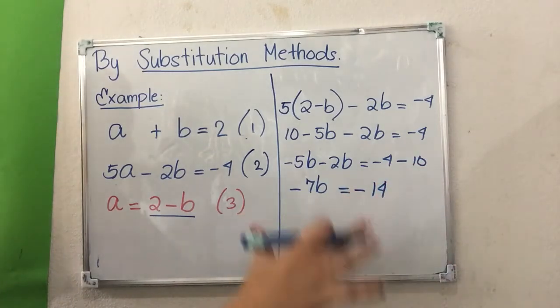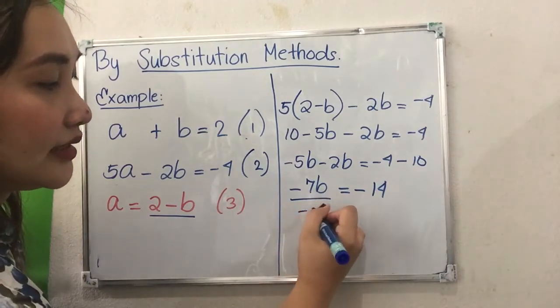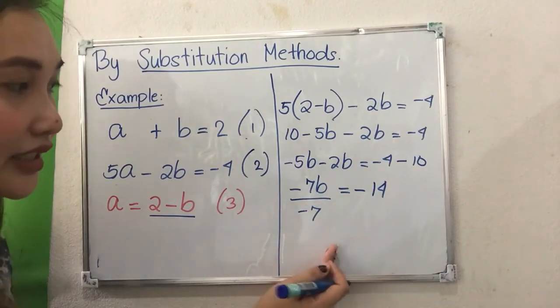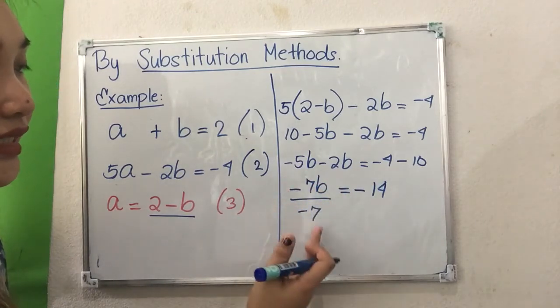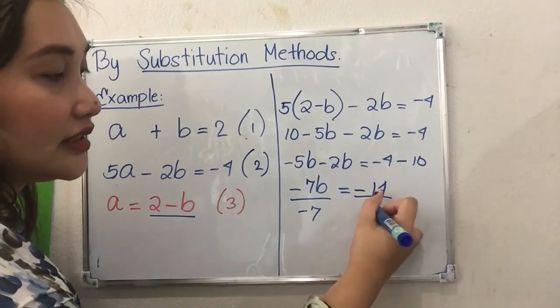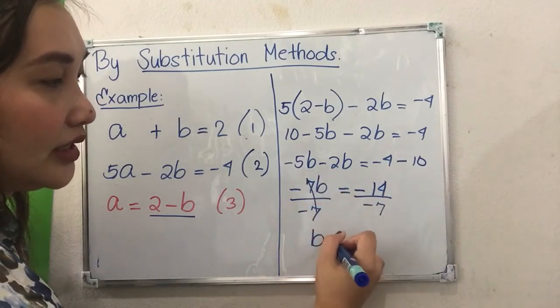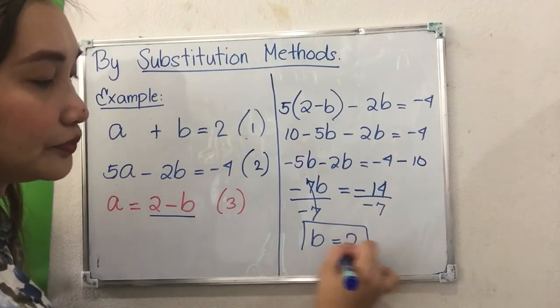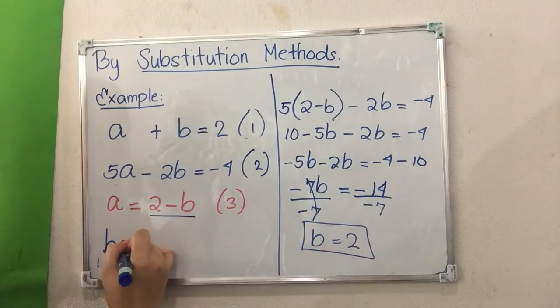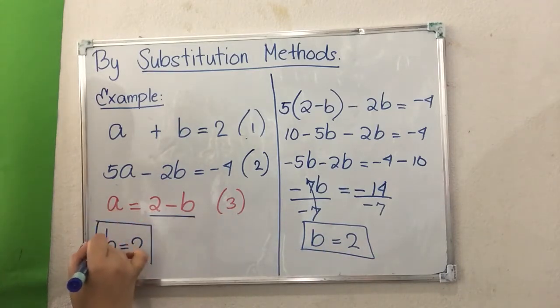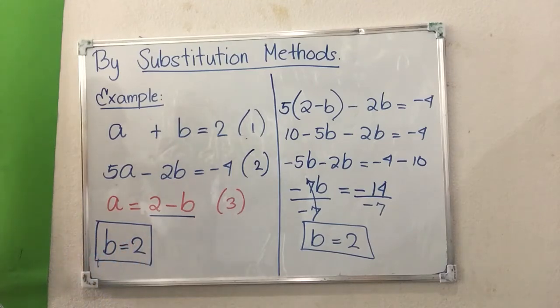Next we divide by negative 7, the coefficient of b, on both sides. So we have b is equal to 2. We now have the first value: b is equal to 2.